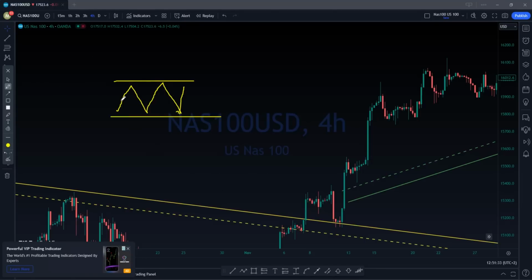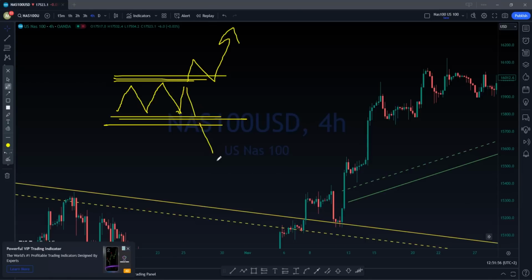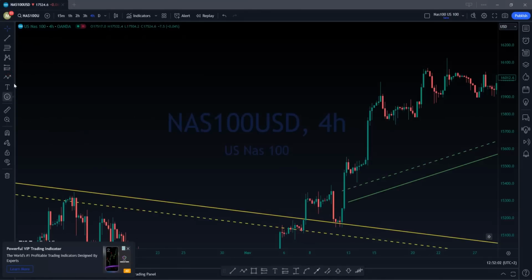So if the market creates this ranging structure in a downtrend like this, we don't have to just jump on the market. We wait for the market to break this resistance before we can say, okay, that trend is now confirmed. Now we jump on that. If the market pushes lower and continues with the previous trend, it means this was just an adjustment. So let me show you that on the chart.